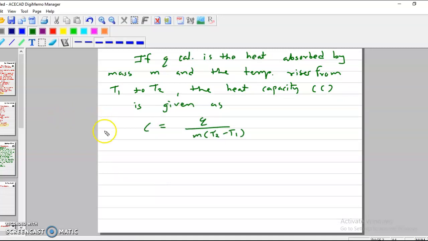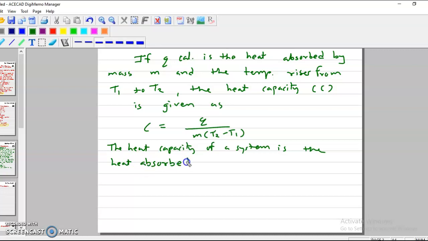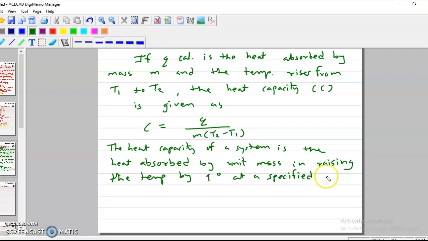So the heat capacity of a system is the heat absorbed by unit mass in raising the temperature by 1 degree at a specified temperature and condition.